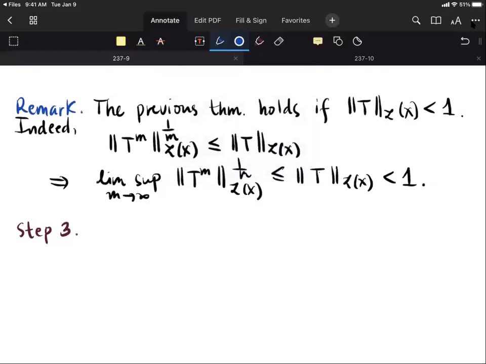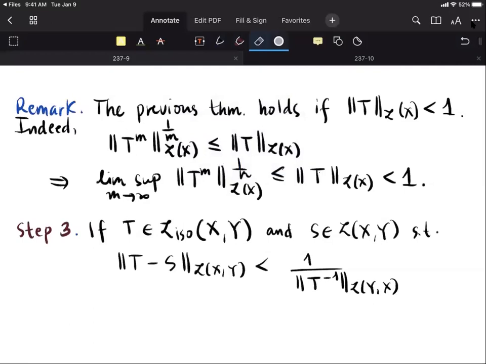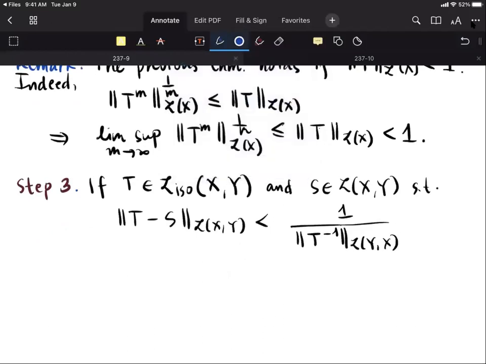We claim that if T is a bounded isomorphism from X into Y, and S is a bounded linear operator such that the difference of the norms is less than the norm of T inverse, this is well defined according to step 1.